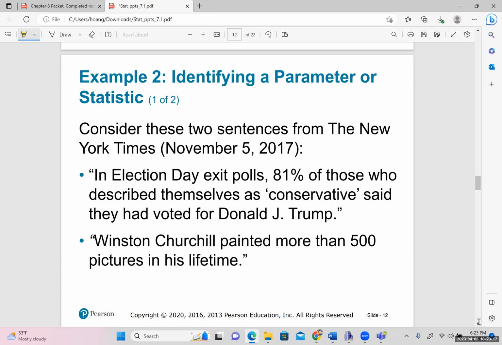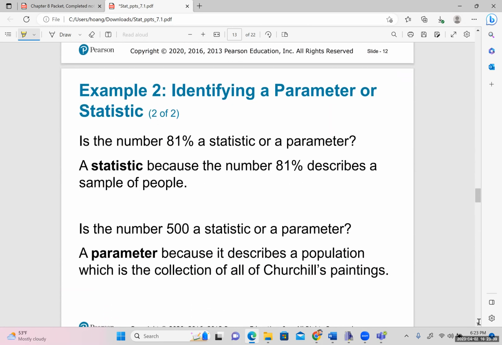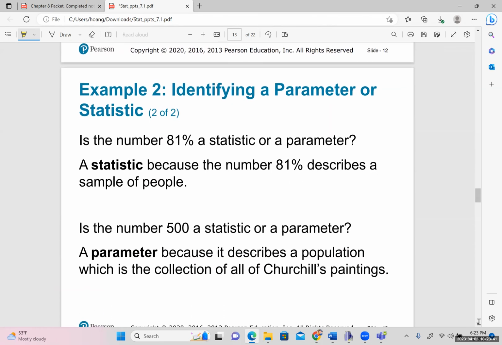And the second sentence is, Winston Churchill painted more than 500 pictures in his lifetime. So the question is, is the number 81% a statistic or a parameter?